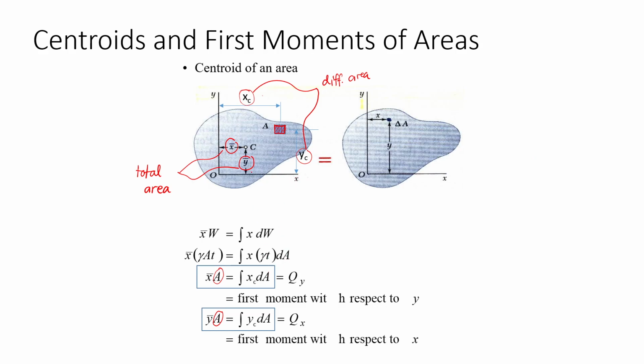Okay, so again, since we have these formulas, the first thing we need to do is solve first for the area before we solve for the bar x and the bar y, or the centroid of the total area. Later on we're also going to solve for x sub c and y sub c because our differential area will be your vertical strip and horizontal strip.